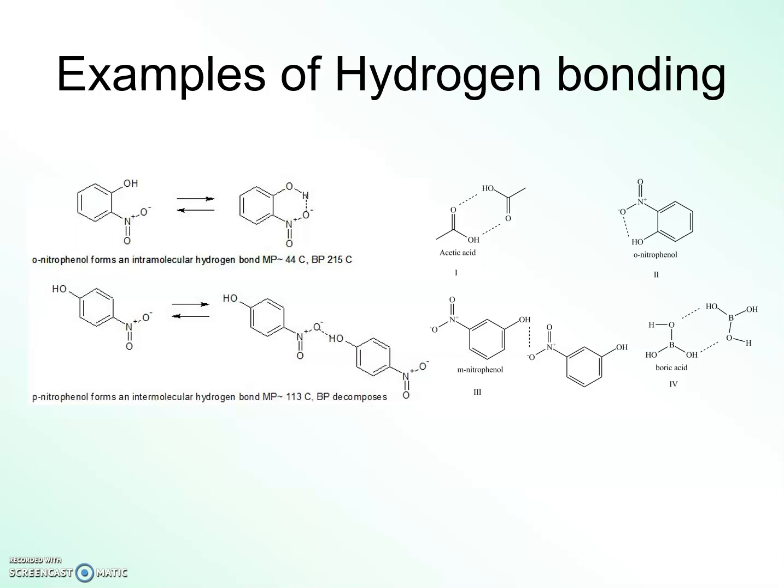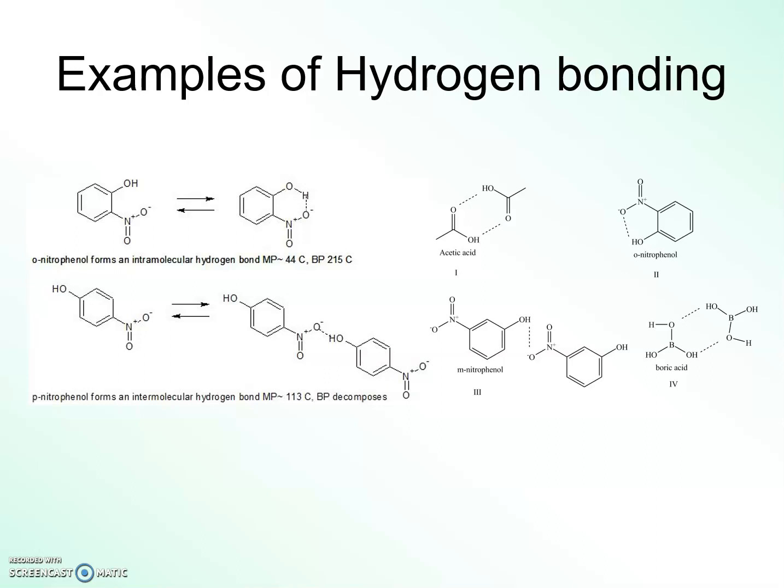Similarly, if you closely look at the structure of paranitrophenol, the hydrogen of the phenolic group is involved in hydrogen bonding with the oxygen of the nitro group of a second molecule, and this is known as intermolecular hydrogen bonding. Between these two molecules, the boiling point is 215 degrees Celsius for orthonitrophenol and the melting point is 44 degrees Celsius.